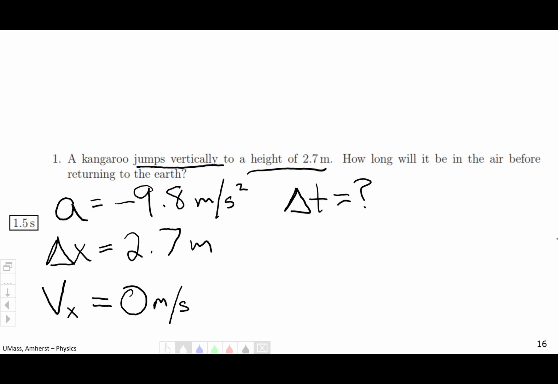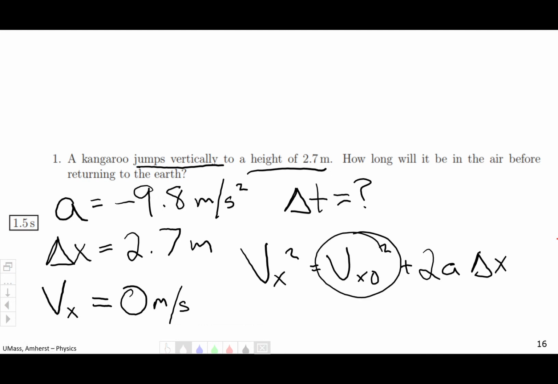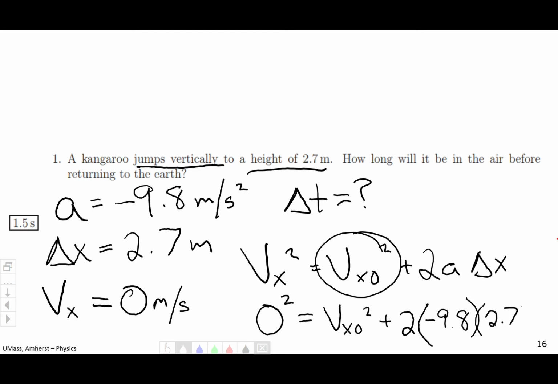So based on what we have here, we can use Vx squared equals Vx0 squared plus 2a delta x. And we can go ahead and solve for the Vx0, which we will then use to find delta t. So 0 squared equals Vx0 squared plus 2 times negative 9.8 times delta x, which is 2.7.